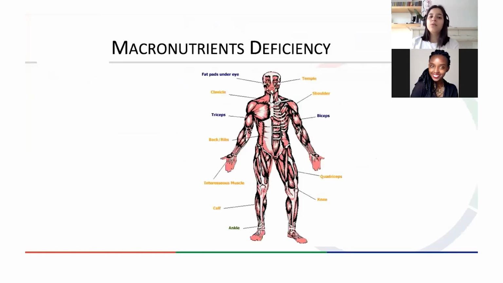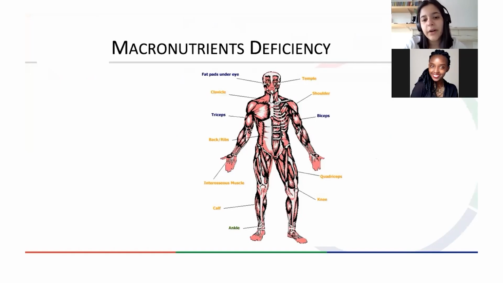Talking about micronutrient deficiency, where in the body can we see that this can be very easy to identify? Well, usually it is in places where fat tends to accumulate. For example, in the back ribs, in the clavicle, and the temples, but also where the muscle tends to accumulate.